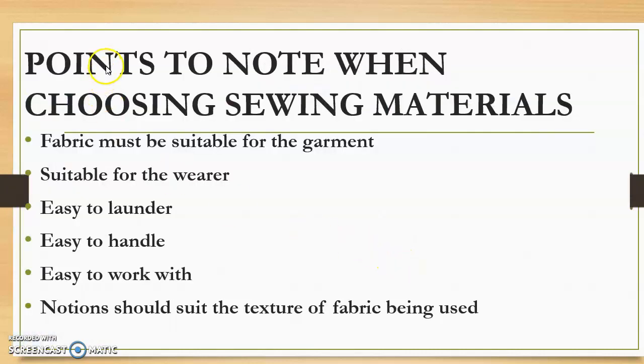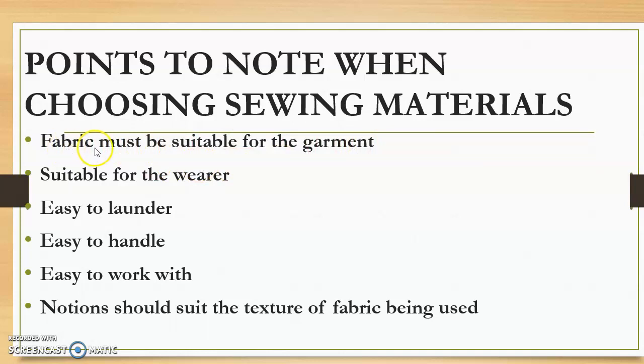Now let's look at the points to note when choosing sewing materials. First of all, the fabric must be suitable for the garment. The fabric you are using has to be suitable for what you are making.